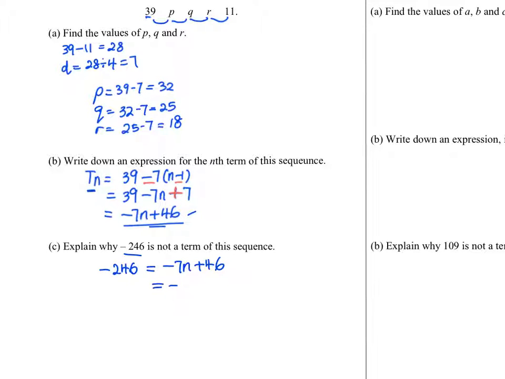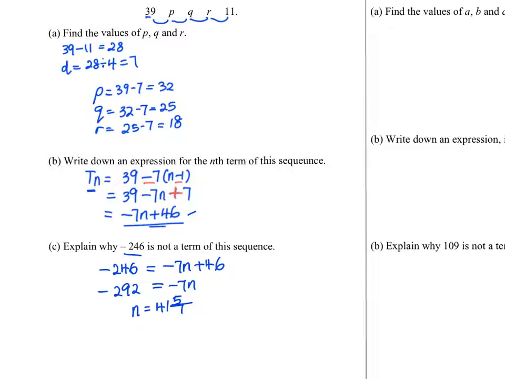Negative 7n equals minus 246 minus another 46. That will give me negative 292. Divide by negative 7, and that gives me n to be 41 and 5 over 7.